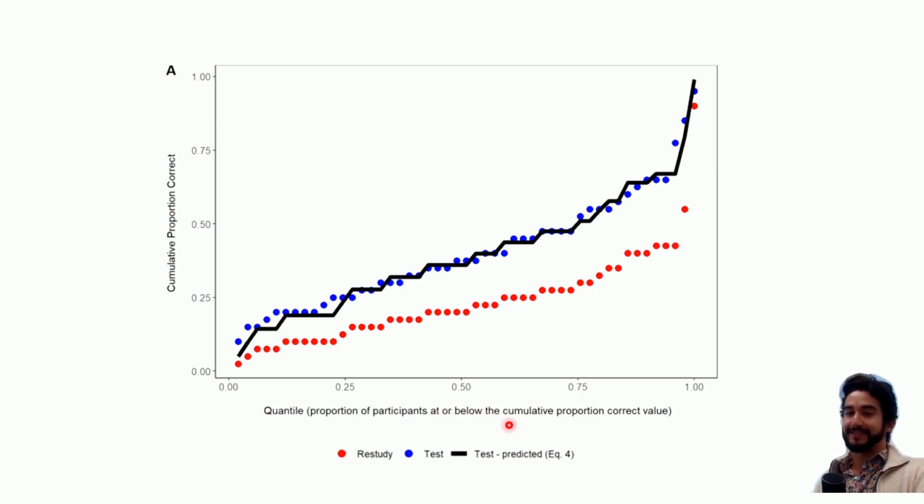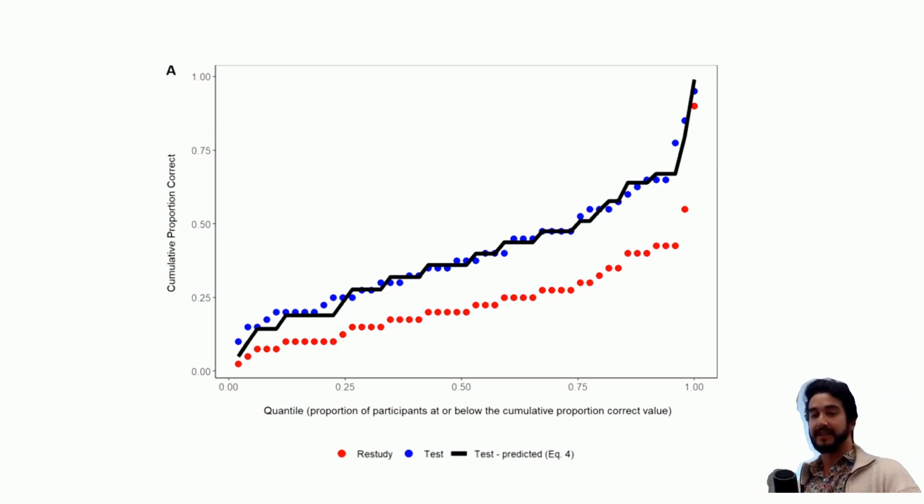The red dots are the restudy values, the blue dots are the test values, and the black line is the model fit. Distinctively, the CDF, or cumulative distribution function, for PCR is much lower than the CDF for PCT, and it shows this nice gap. This reflects how the model's prediction in the bar chart follows along across all the quantiles.